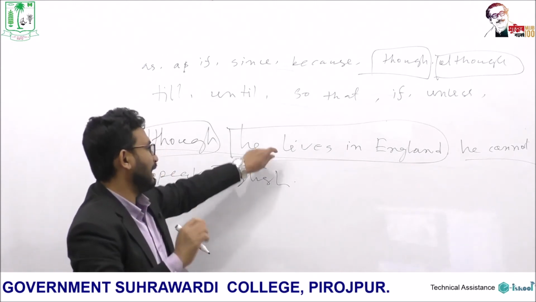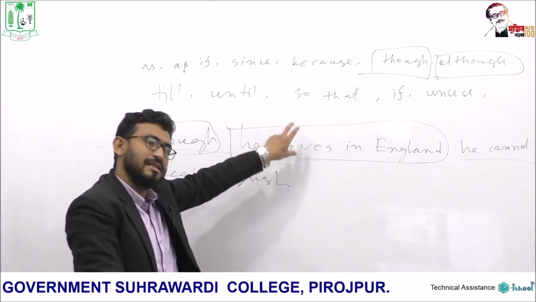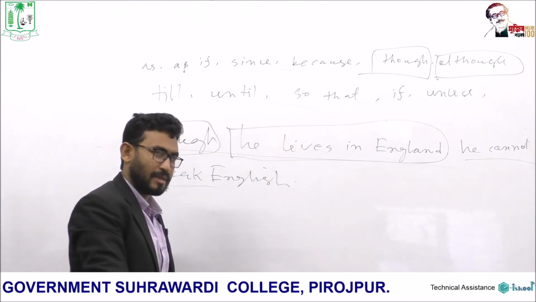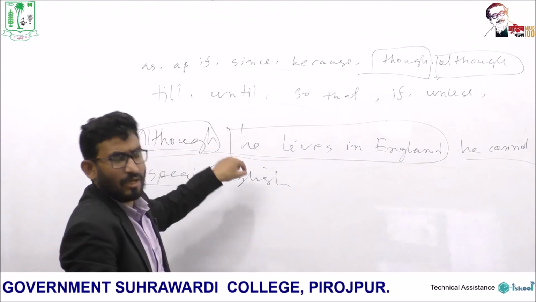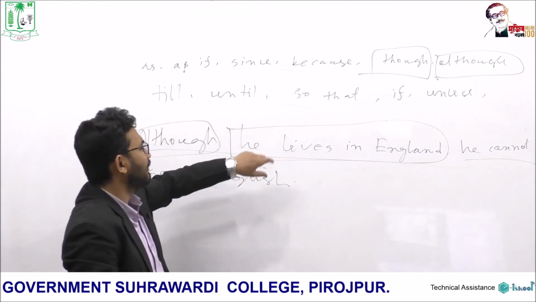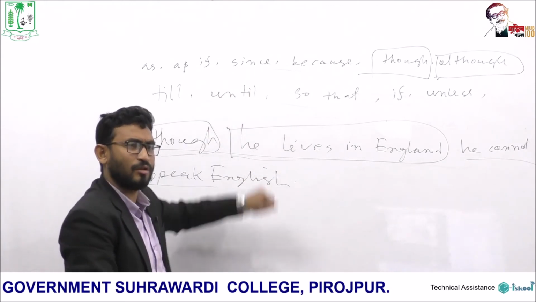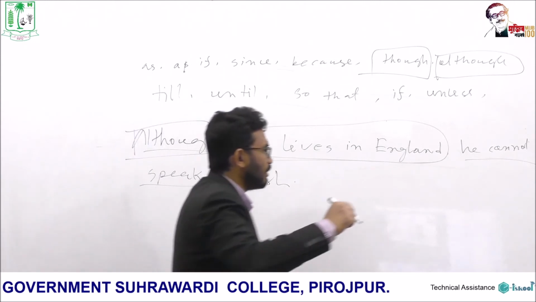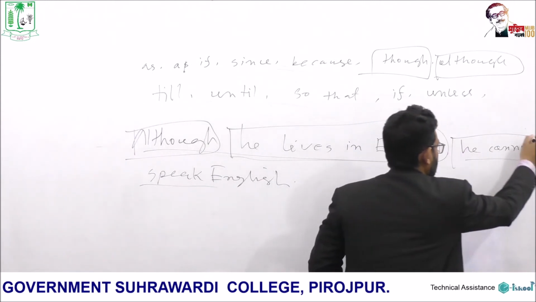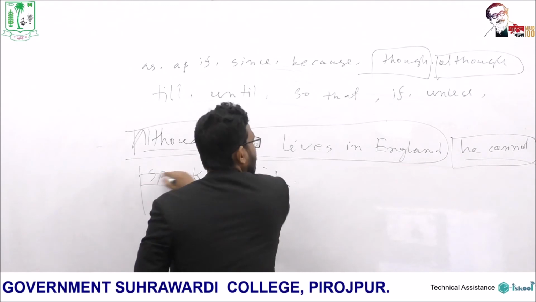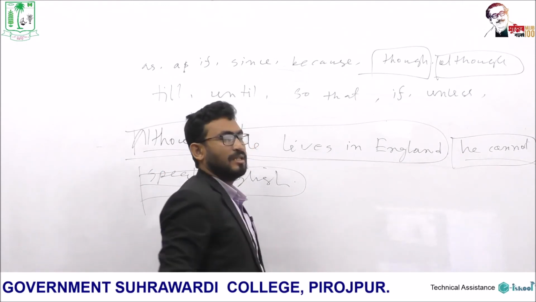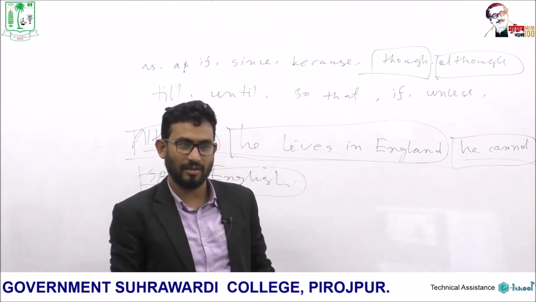So definitely we can tell this is a complex sentence. So if the subordinate clause is written here, the other clause should be a principal clause. And he cannot speak English is a principal clause.